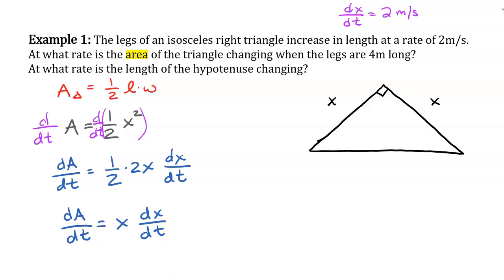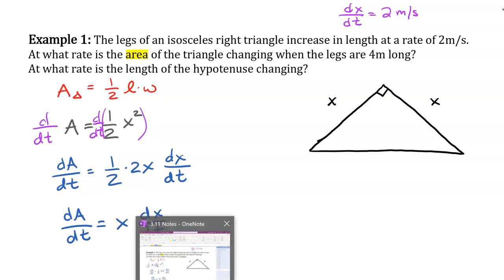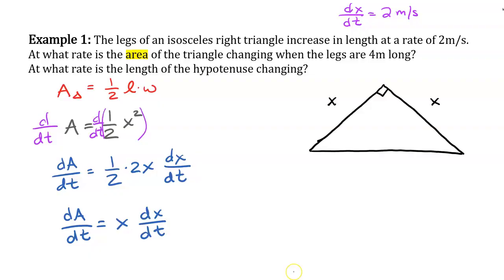I think I can answer our first question then. So at what rate is the area of the triangle changing? That means that I am talking about dA/dt, when the legs are 4 meters long. So my dx/dt doesn't change.